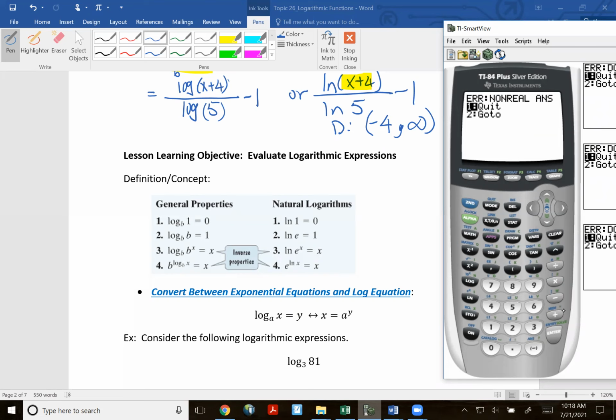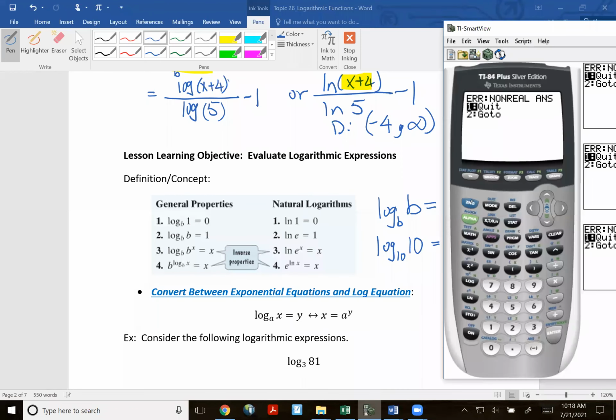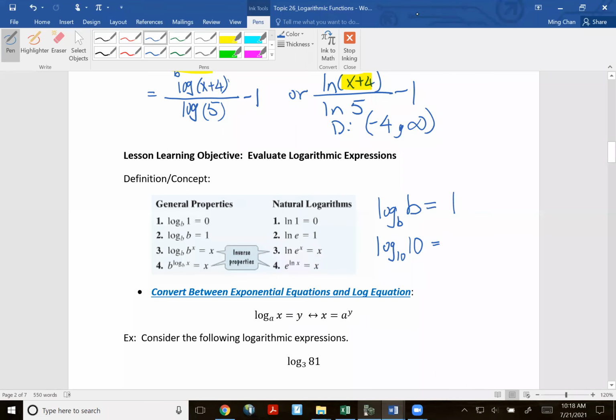Number 2, a log with some base of the same base will always equal 1. For example, if I take a log with base 10 of 10, and if I go to my calculator and press log, it's automatically base 10, my answer is always equal to 1.